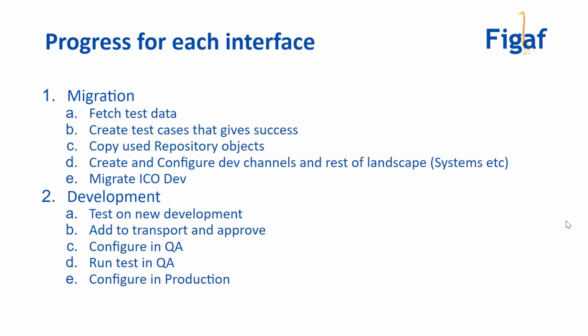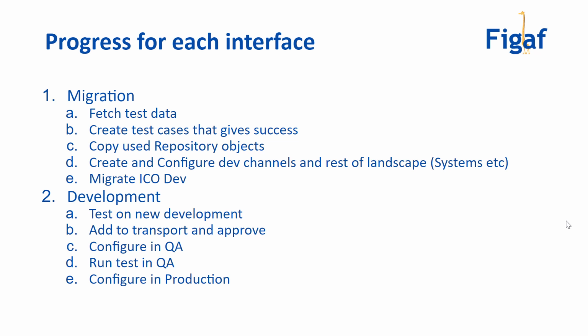So for each interface that you decide to add, we have two separate processes. The first is about doing the migration. This is about fetching test data, and we come from a testing application. And with that, we have a lot of information about testing, and testing is really important. So that's why we'll create test data based on your current productive data, run it in the test on the development system or your QA environment, and then we know we have valid information.